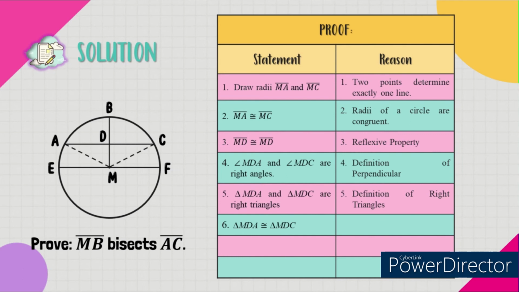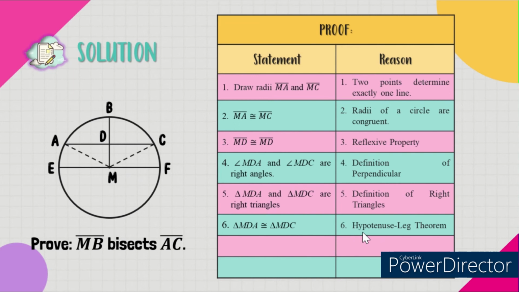Okay, so number 6. Triangle MDA is congruent to triangle MDC. The reason is the hypotenuse leg theorem. Take note, we can only use this reason if we have a right triangle in our figure.